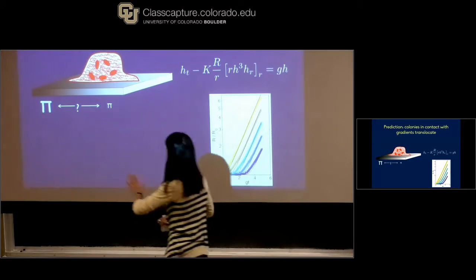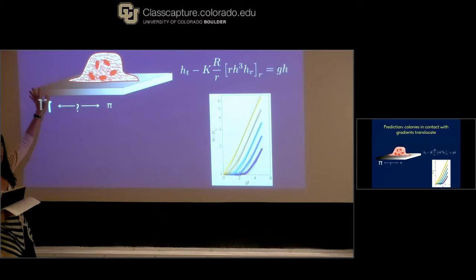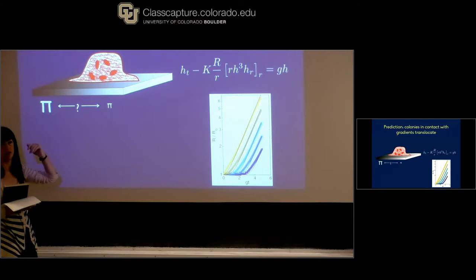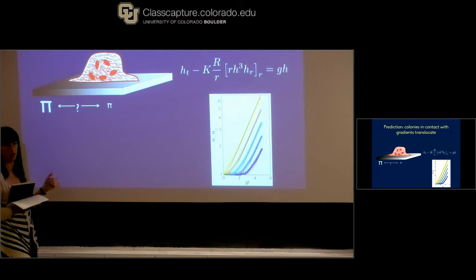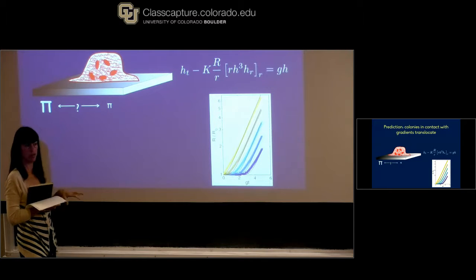Let's say that we are on this side of the agar. The agar has a very large osmotic pressure on this side. That means that water does or does not want to leave? Wants to leave? At higher osmotic pressure, it wants to leave?